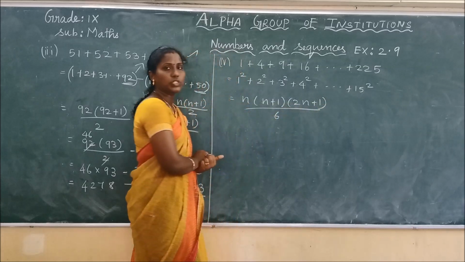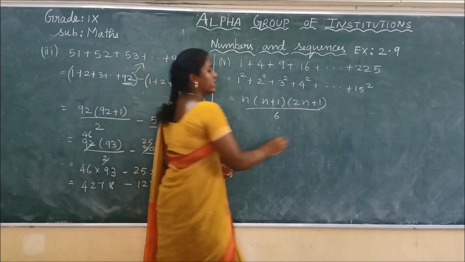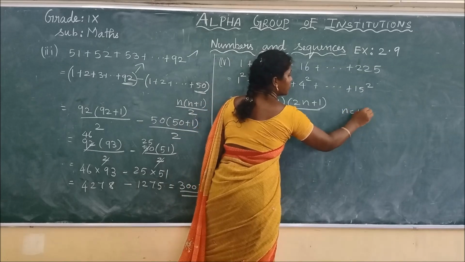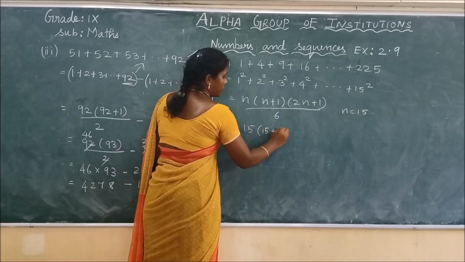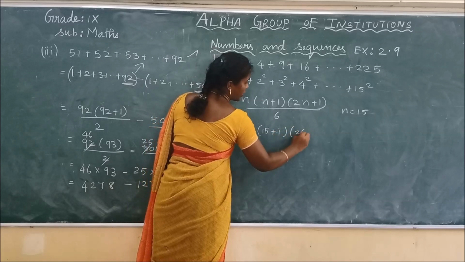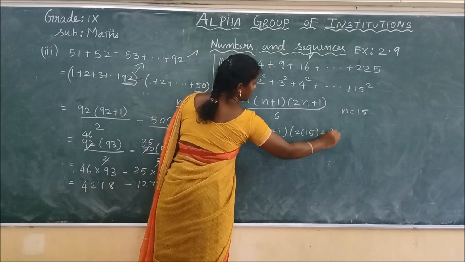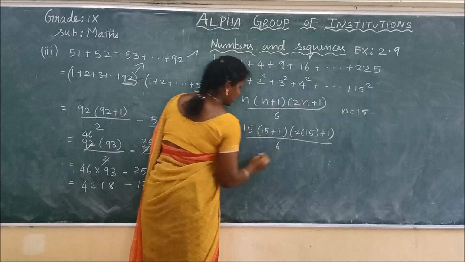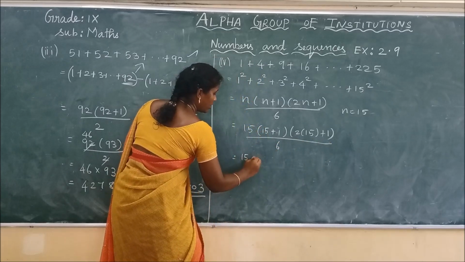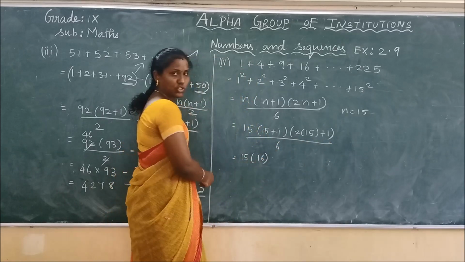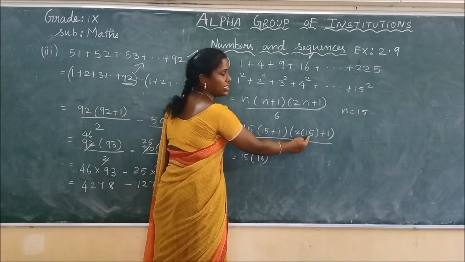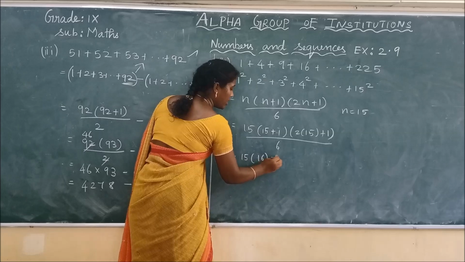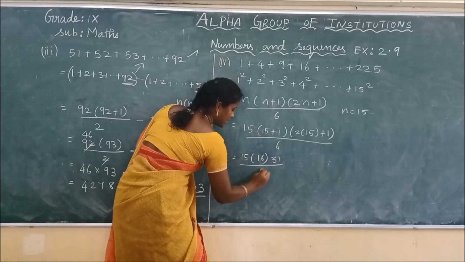What is n? n is the last value, which is 15. Substitute: 15 into (15 plus 1), into (2 into 15 plus 1), by 6. 15 into 16, and 2 into 15 is 30, 30 plus 1 is 31, by 6.